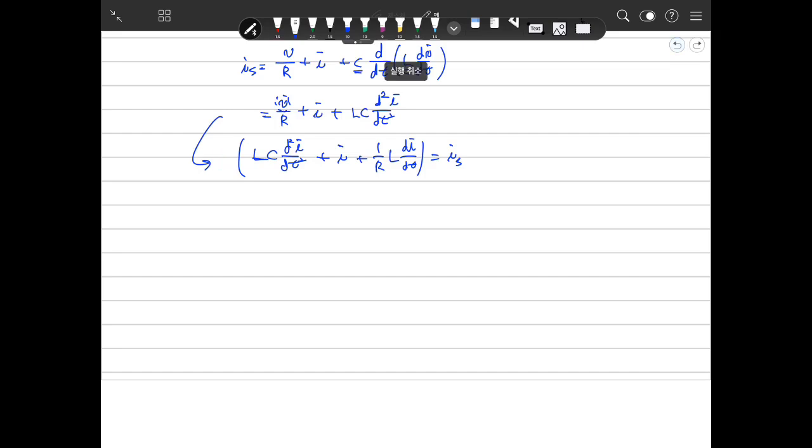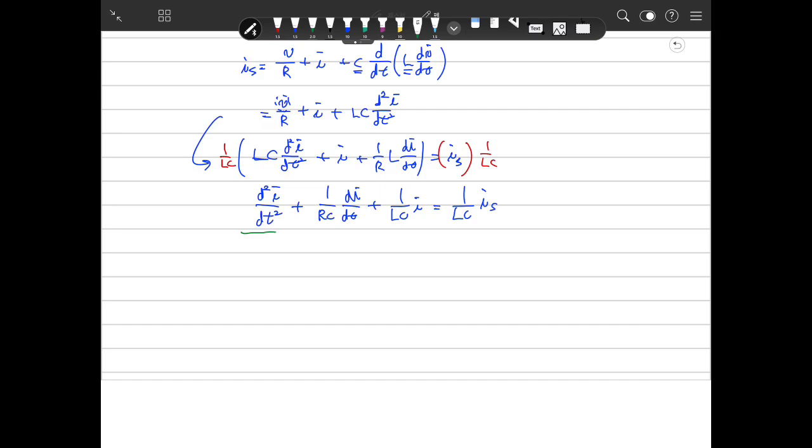I'll use a different color. 1 over LC, 1 over LC, then rewrite d squared I over dt squared plus 1 over RC dI/dt plus 1 over LC I equals 1 over LC IS.